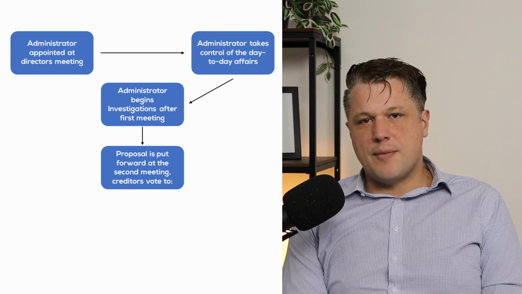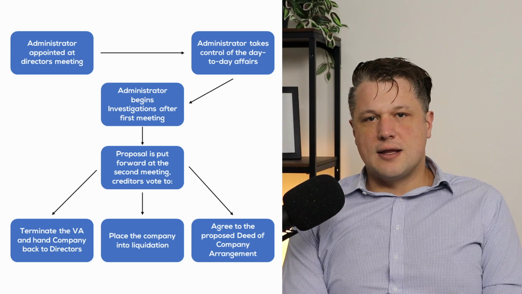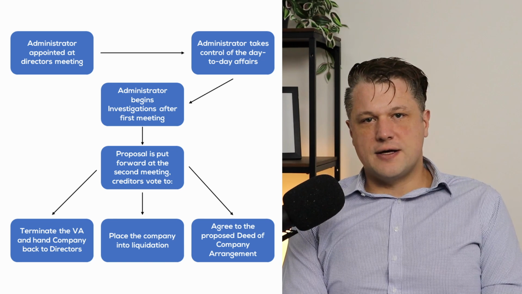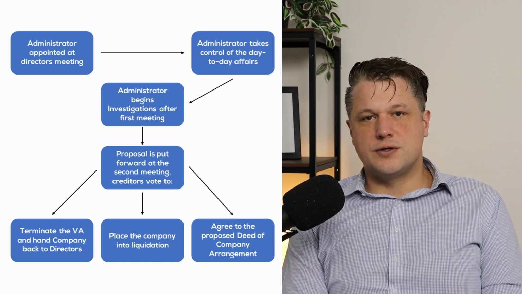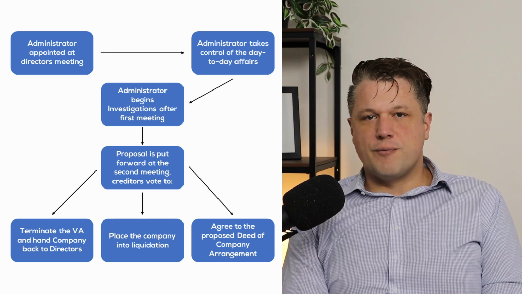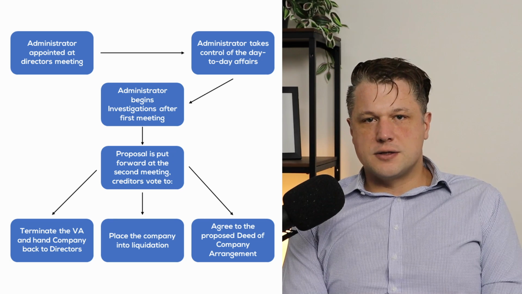The creditors at that meeting then vote to decide the future of the company, and the company may be placed into liquidation. Control of the affairs of the company may revert to the directors with no proposal being implemented, or finally a deed of company arrangement might be approved by the creditors, which is then executed following the meeting of creditors.